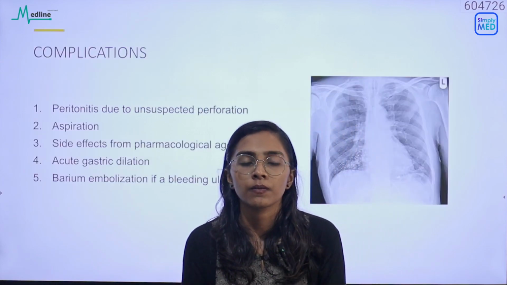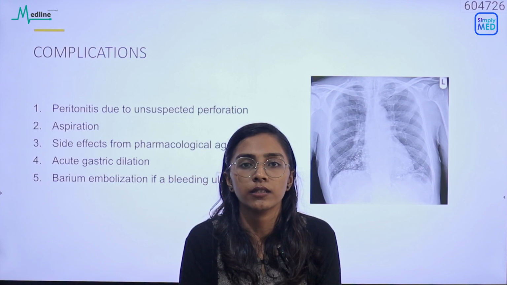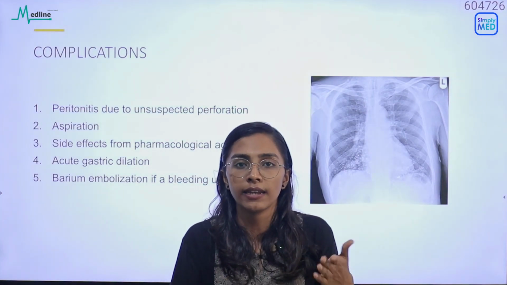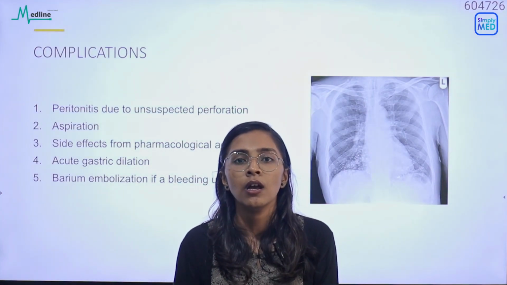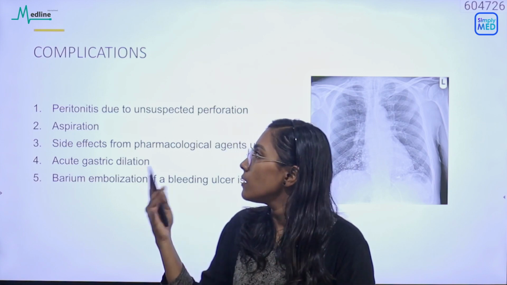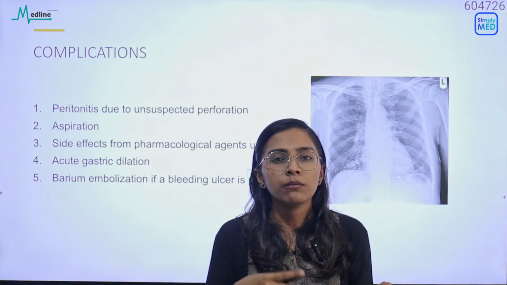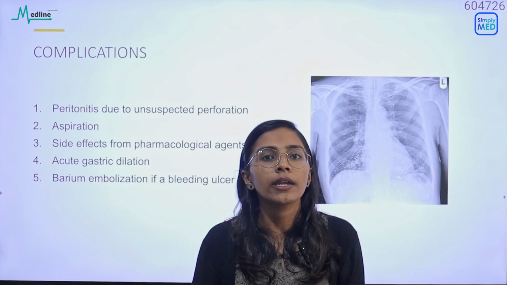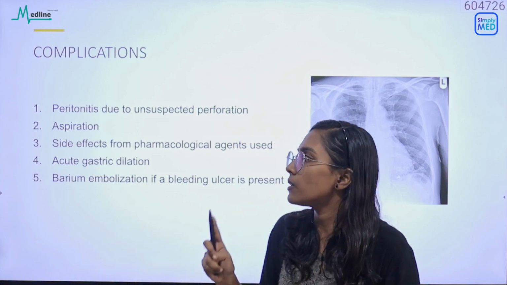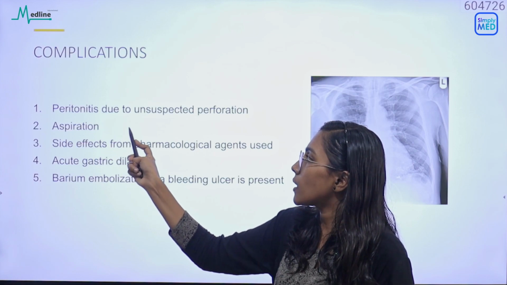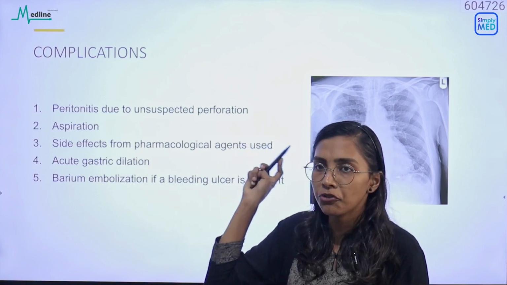Now that we have discussed single contrast and double contrast, their advantages and disadvantages, there are some complications for all these barium studies. There are some risks associated with doing a barium meal study. So what are the possible risks? First one is peritonitis due to unsuspected perforation.